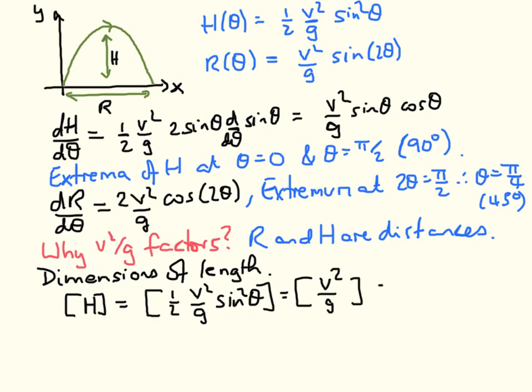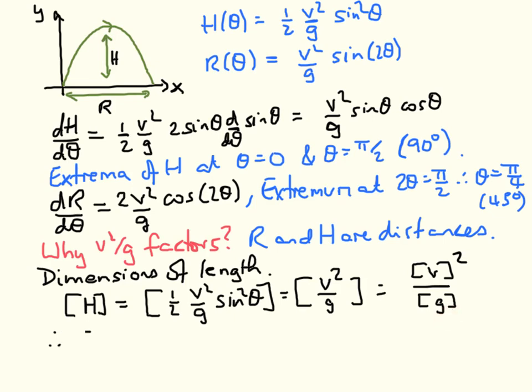So it is the dimension of v itself squared over the dimension of g. And v is a velocity or speed, so it has dimension of LT to the minus 1, and little g is an acceleration, it has dimensions of LT to the minus 2.